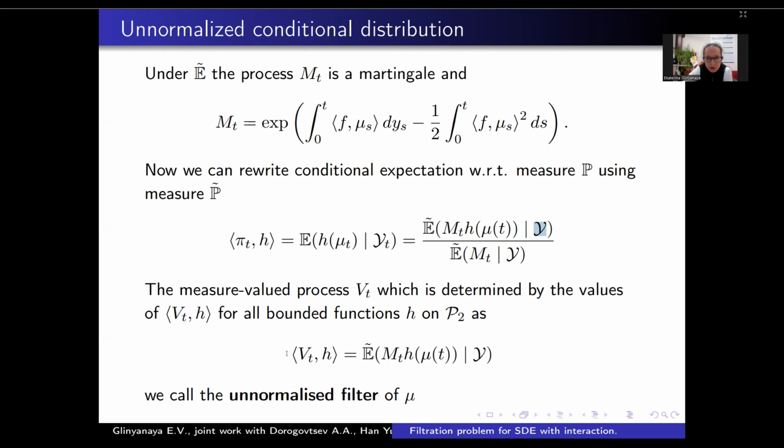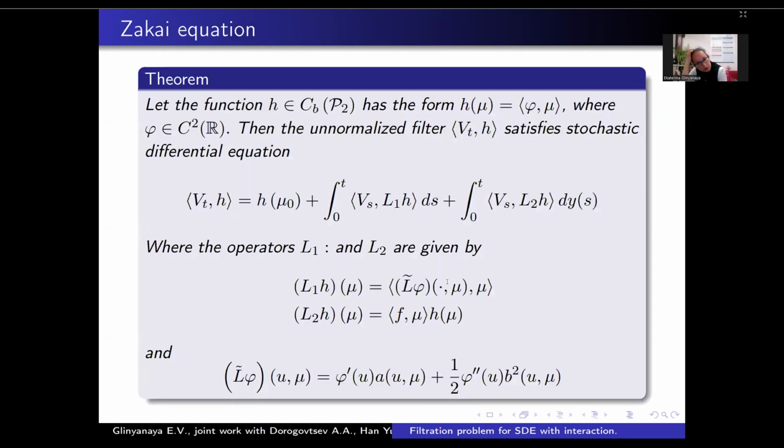So first we will write the equation for this unnormalized filter of mu, which is given by this conditional expectation, and then to get the answer for the initial problem, we will come back to it using this representation.